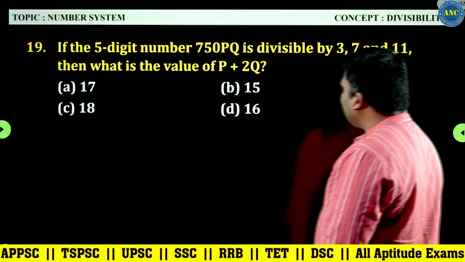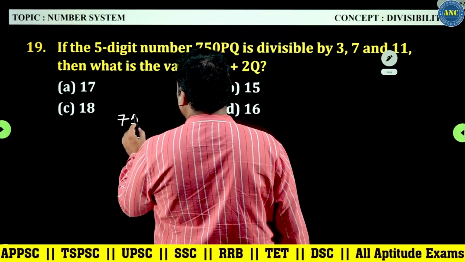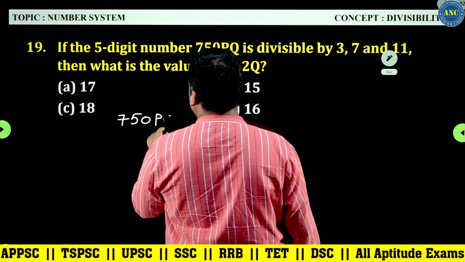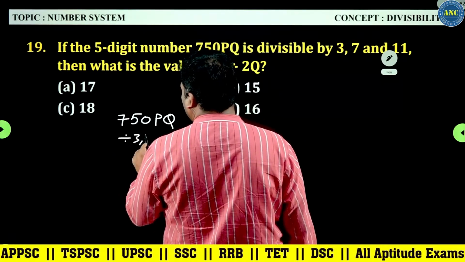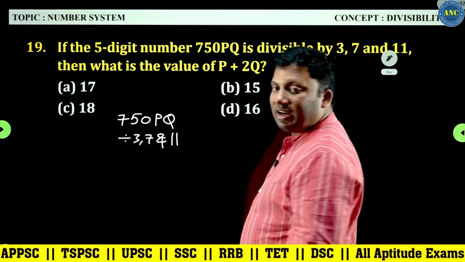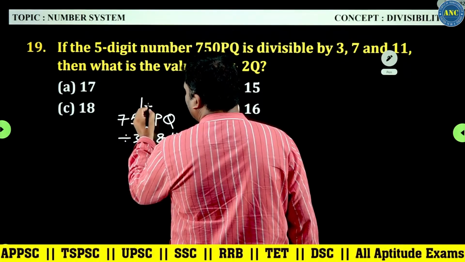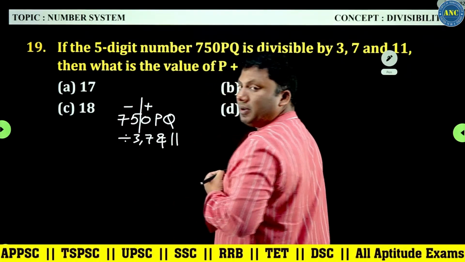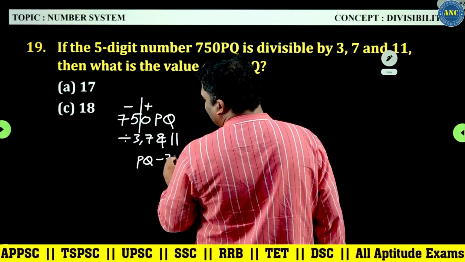If the 5-digit number 750PQ is divisible by 3, 7 and 11, what is the divisibility rule of 3, 7 and 11? Start from the right-hand side. Take a group of 3 digits. Alternately plus minus. So this will be PQ minus 75.